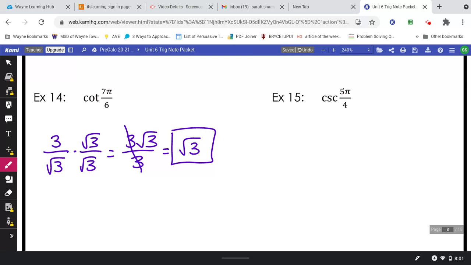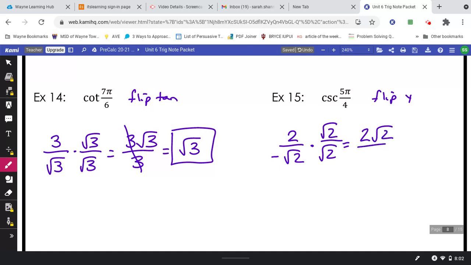For cosecant of 5 pi over 4, again, you would be flipping the y value, as opposed to here that you flipped the tangent. The y value is negative radical 2 over 2, so flipped it's 2 over negative radical 2. And so we'll multiply by square root of 2 over square root of 2. You don't have to multiply by a negative. The negative can just stay out front.